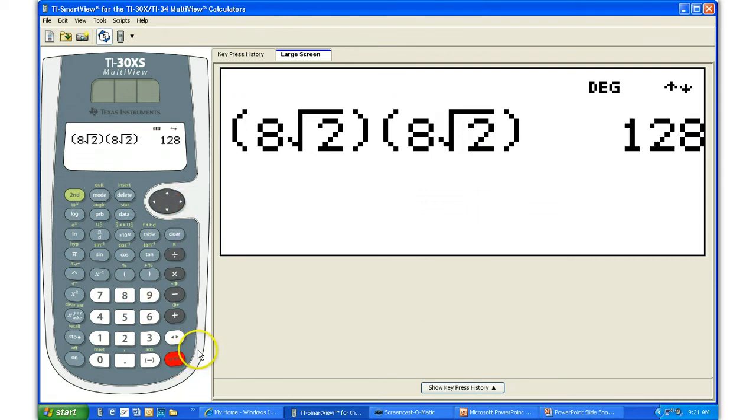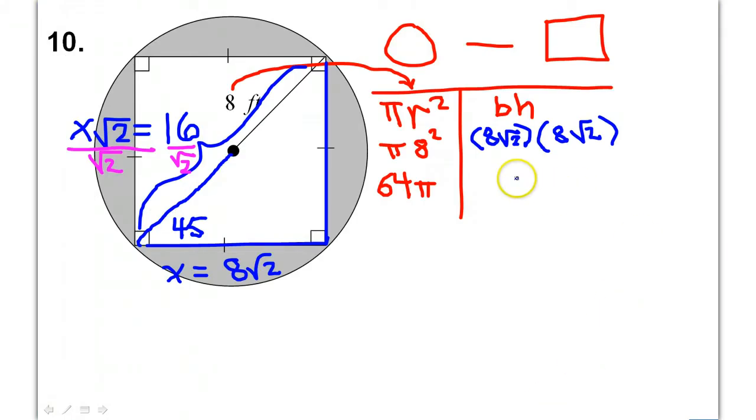That's 128. So the area of the square is 128. Our strategy was take the circle, subtract the rectangle.